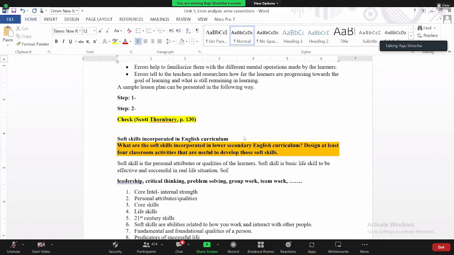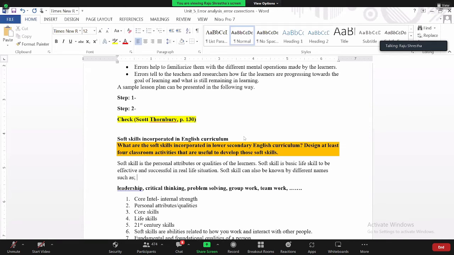Soft skill can also be known by different names, such as life skills, core skills, we can say.